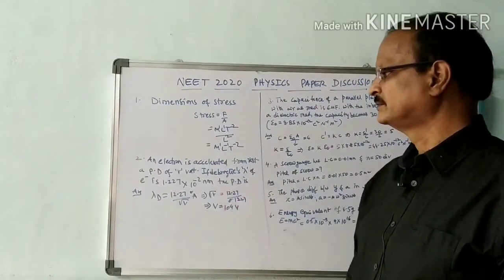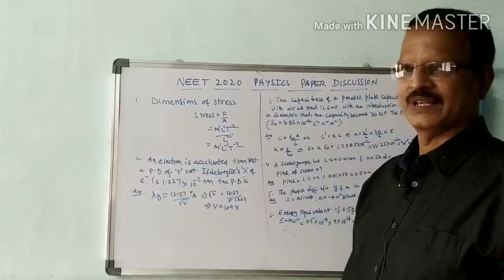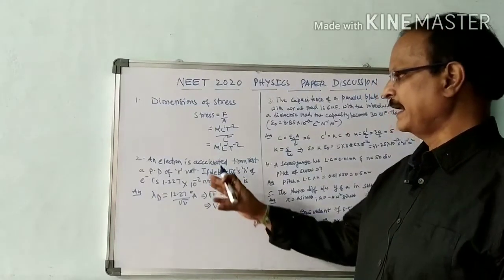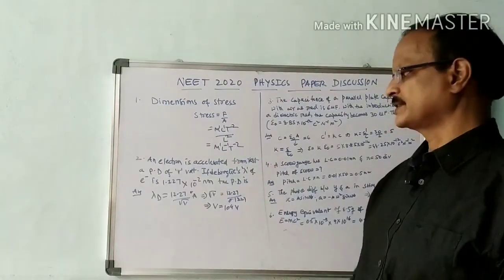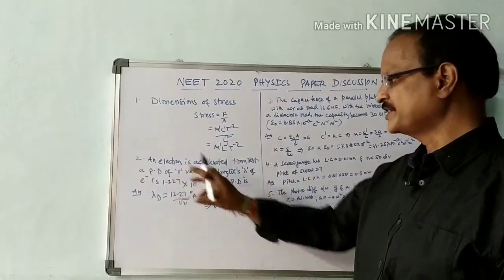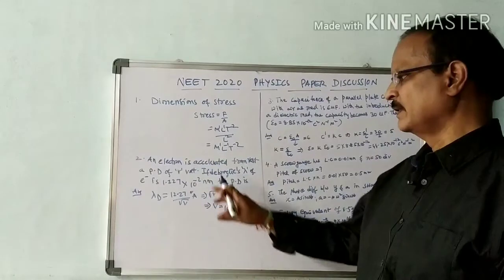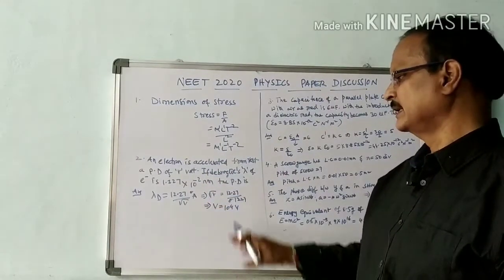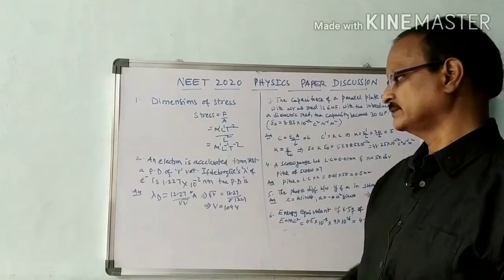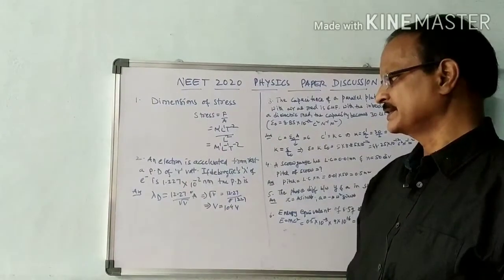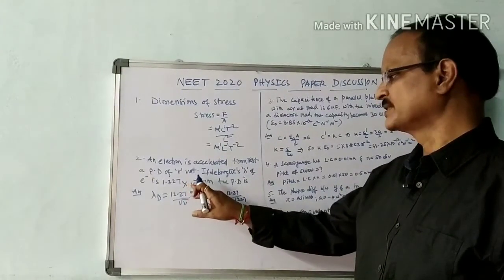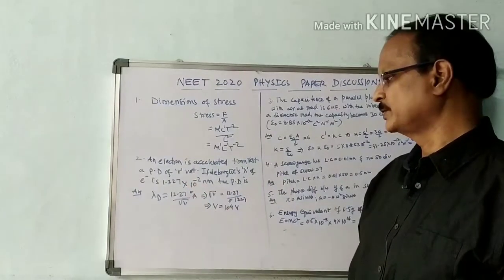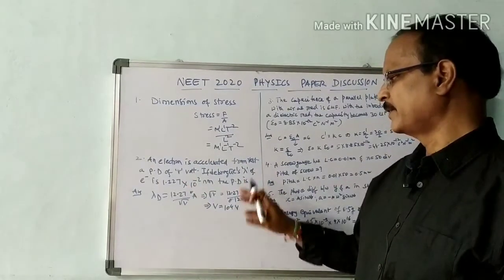Now we have the second question. An electron is accelerated from rest through a potential difference of V volts. If the de Broglie wavelength of the electron is 1.227 into 10 to the power of minus 2 nanometers, what is the potential difference?